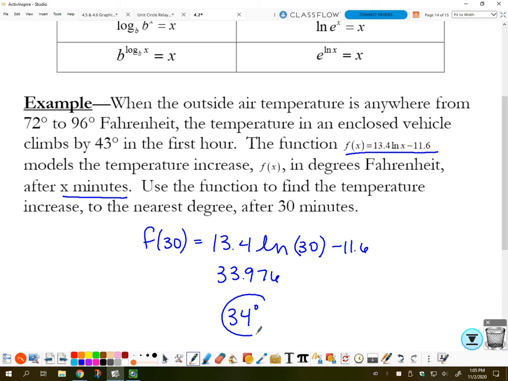So 34 degrees is how much it's going to increase in 30 minutes. So if it's like 96 degrees outside, that's really, really hot inside your car. Right now, I really do think we're done.